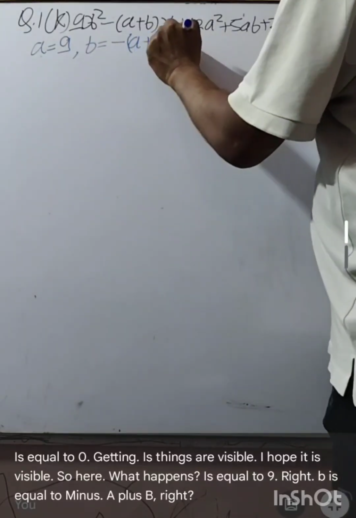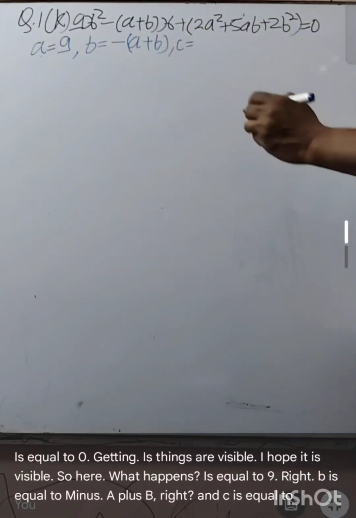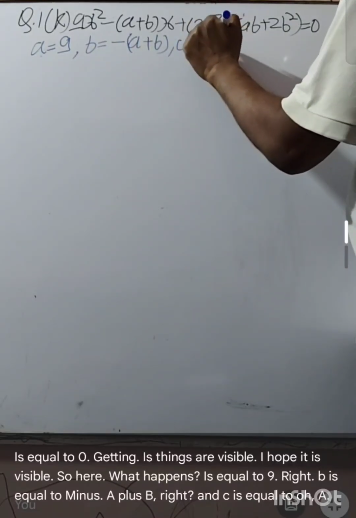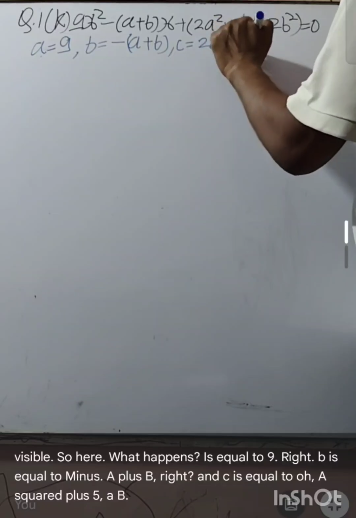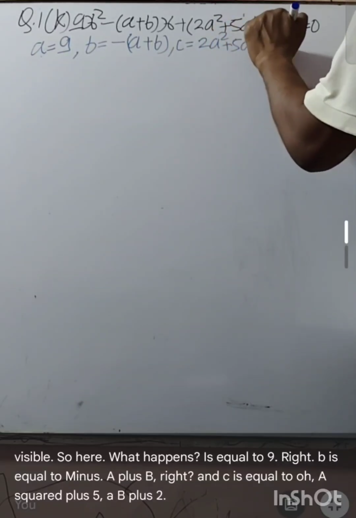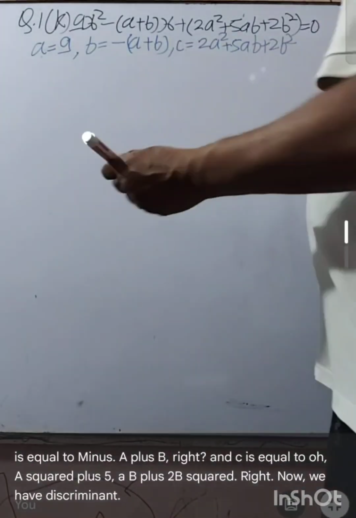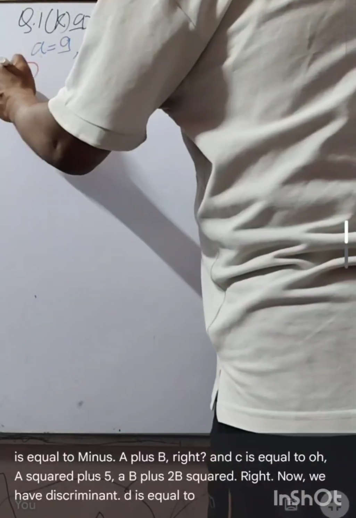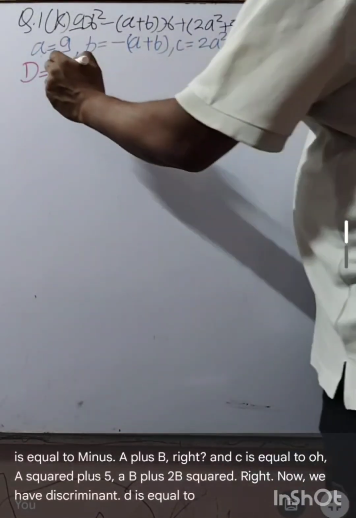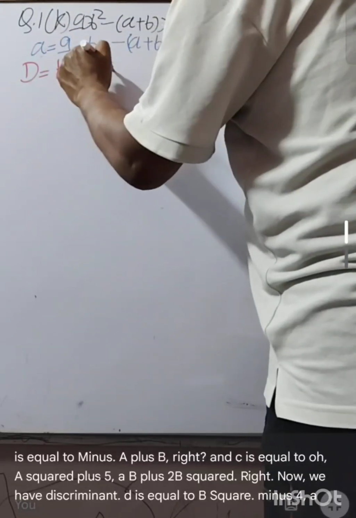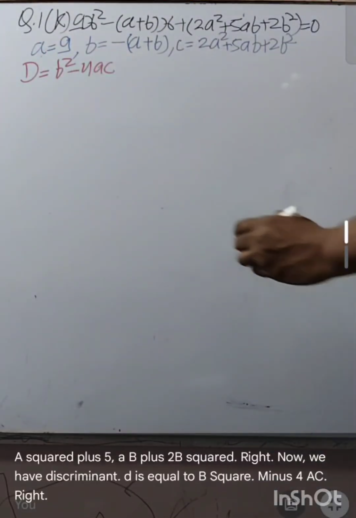And c is equal to 2a squared plus 5ab plus 2b square, right? Now we have discriminant d is equal to b square minus 4ac, right?